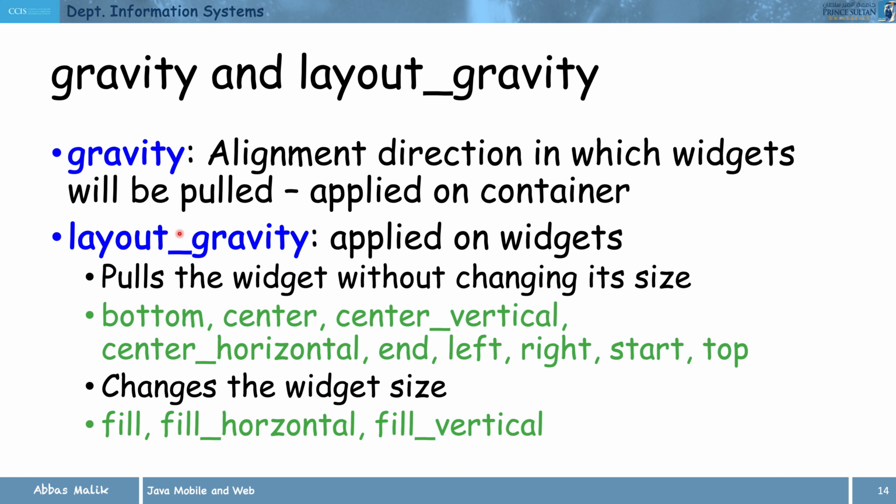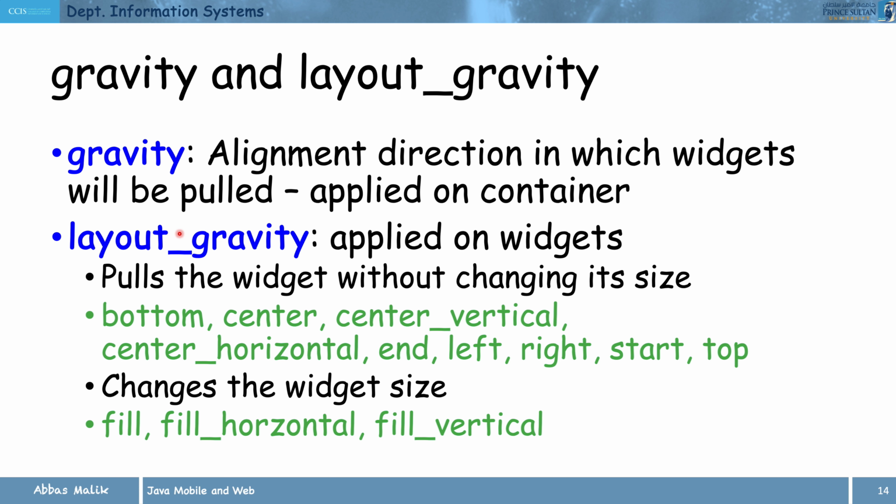We have certain properties: gravity and layout gravity. Gravity is applicable on the view group, the container, like constraint layout, linear layout, grid layout. The layout underscore gravity is applicable on the individual element. Then we can have different values: bottom, center, vertical center, horizontal center, and left.